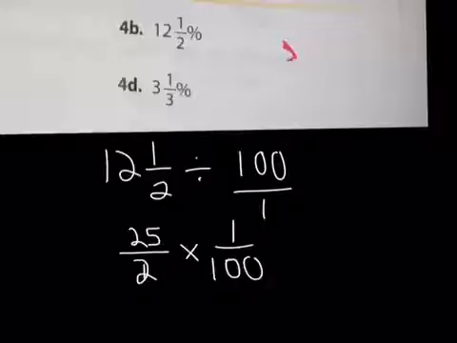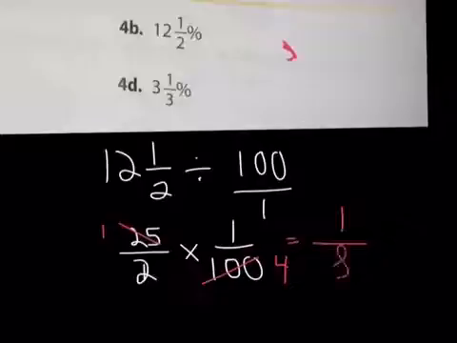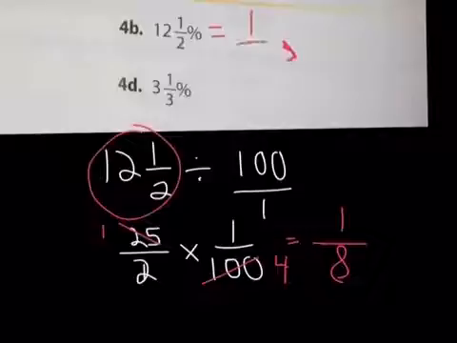And then we found the reciprocal, which is 1 over 100. We can cross-reference. We have multiples of 25. I have 1 there and I have 4 there. And then when I multiply straight through, I have 1 times 1 is 1, and 2 times 4 is 8. So that's 1/8. So 12.5 is 1/8. And you guys already knew that because we practiced that in class, counting by eighths.